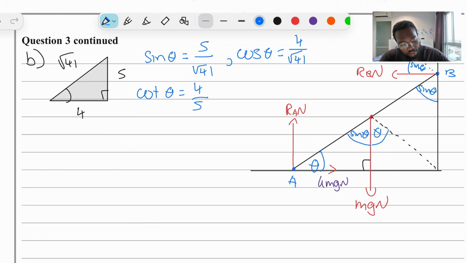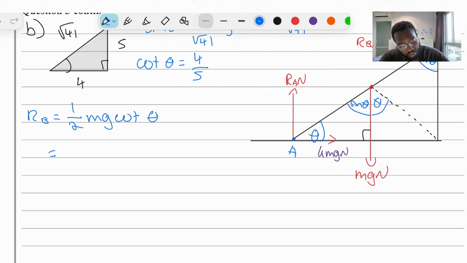So if RB is equal to a half mg cot theta, that would be a half mg times 4/5, which works out to 4/10 mg, which simplifies down to 2/5 mg.